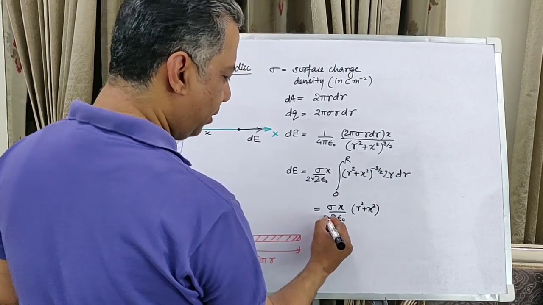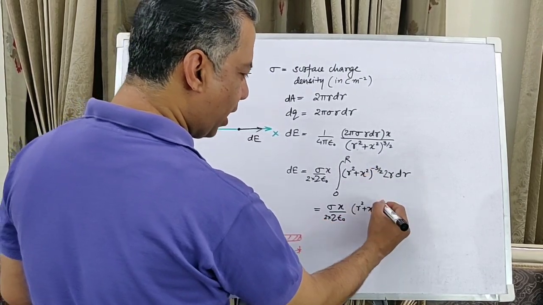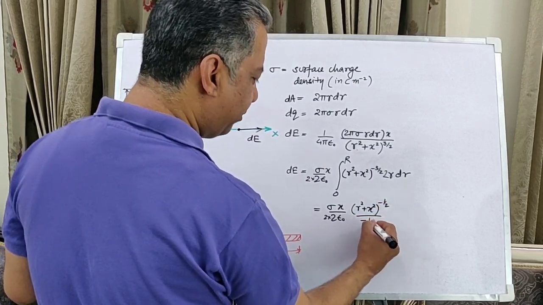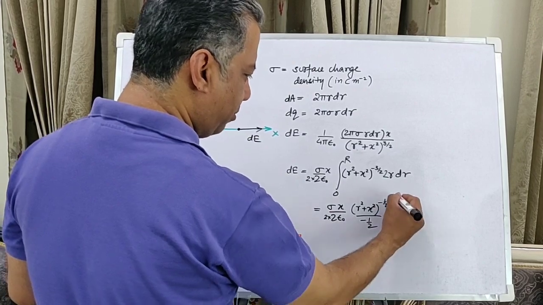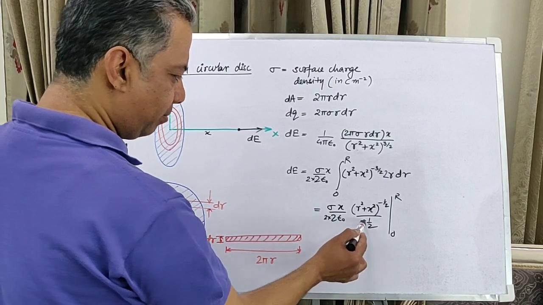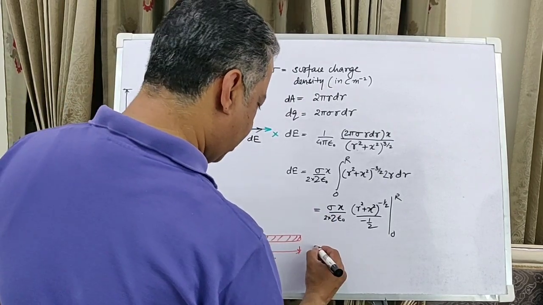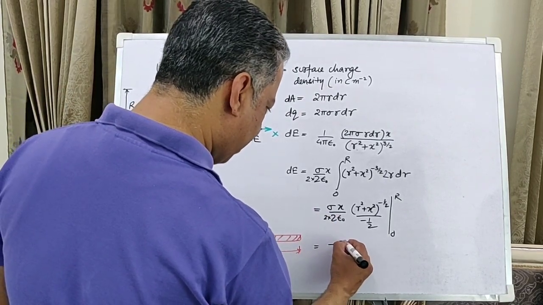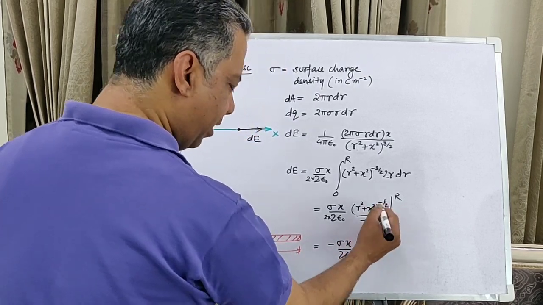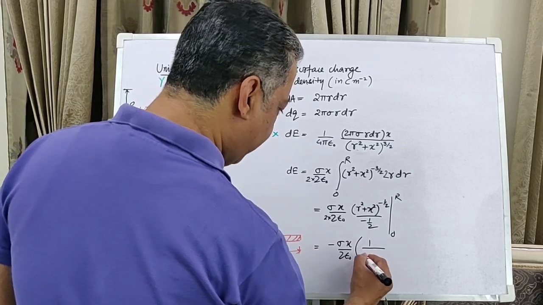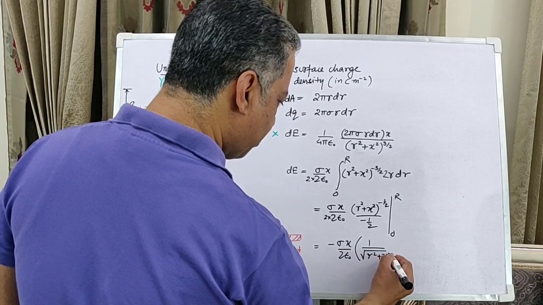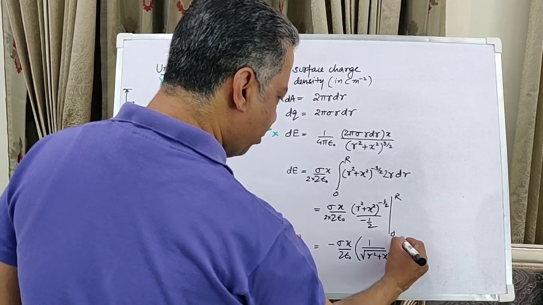Now minus 3 by 2 plus 1 will be minus half, divided by minus half, and the limits are 0 to r. Now this 2 and this 2 cancel out, minus comes out here, and so we now have minus sigma x by 2 epsilon naught. Since the power here is minus, we have 1 by root r square plus x square, limits 0 to r.